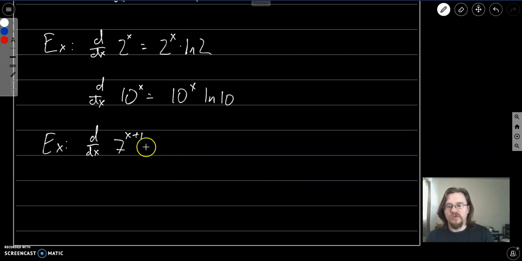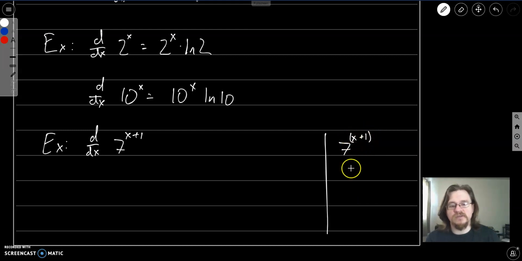So when I see 7 to the x plus 1, what I have is sort of an inside function and an outside function. It's as if I'm composing 7 to the x power and x plus 1. I'm plugging x plus 1 into my function here.